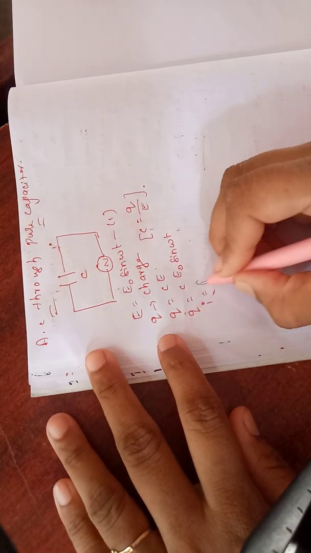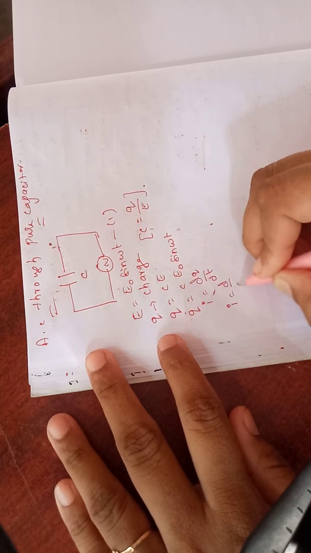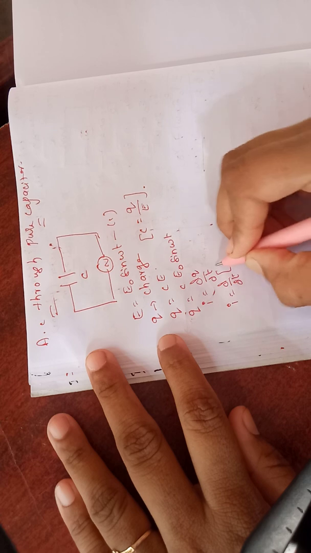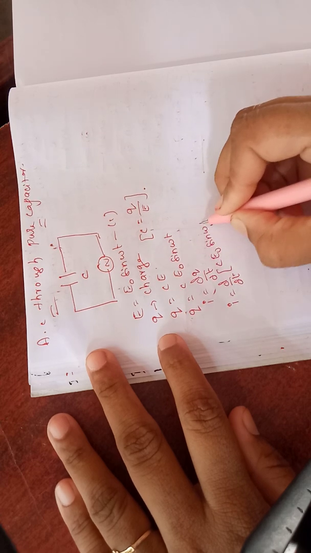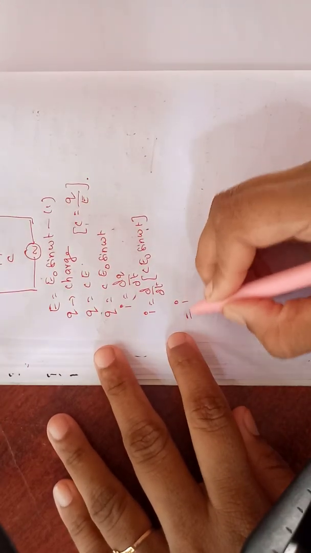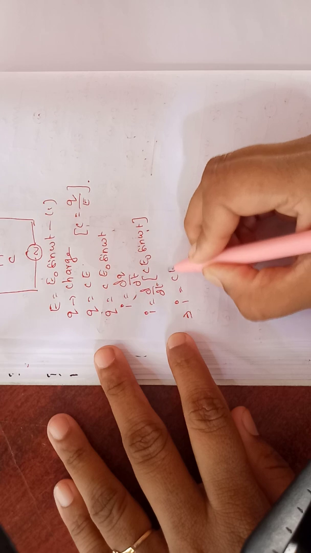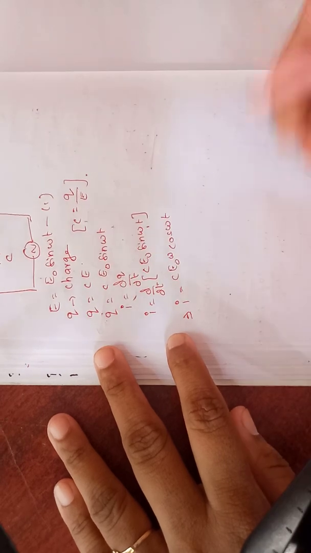But we know that current means dq by dt, no? So in place of q, let us substitute C E naught sin omega t, right? Now the differentiation of sin omega t is nothing but cos omega t into omega.